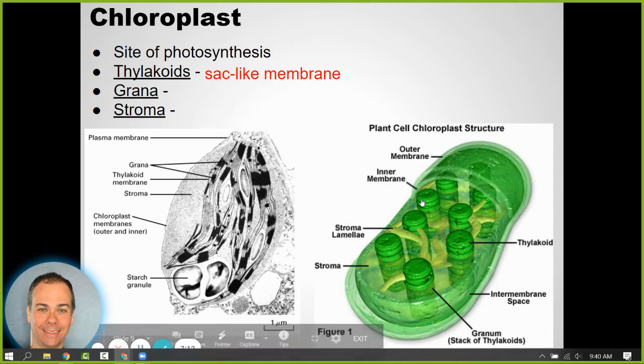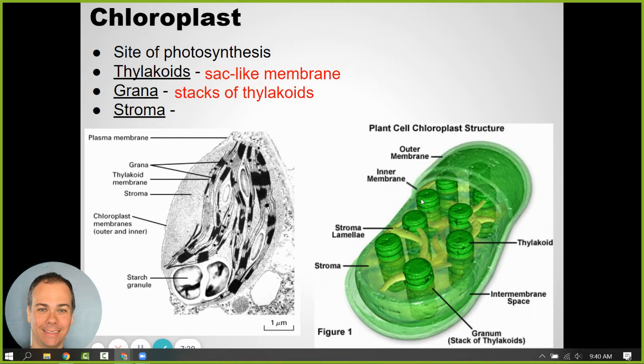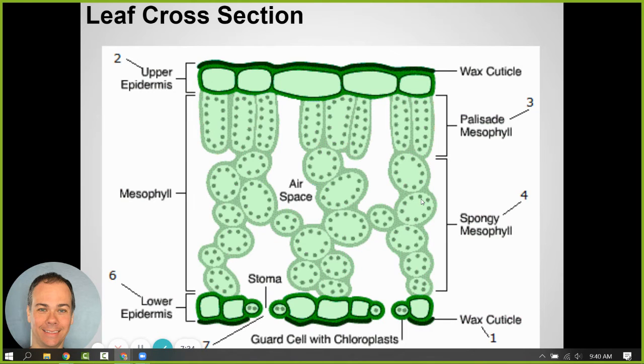You don't have to know the details about what the parts are, but those little sacs, those little discs are called thylakoids. They're in those stacks called grana. And then surrounding them is this fluid called the stroma. All these different parts of the chloroplast, they actually do different tasks during photosynthesis.